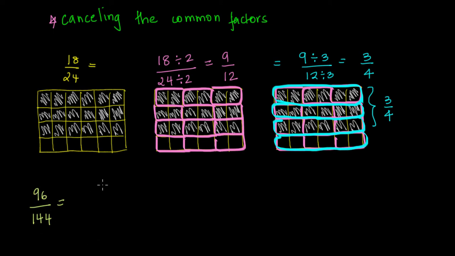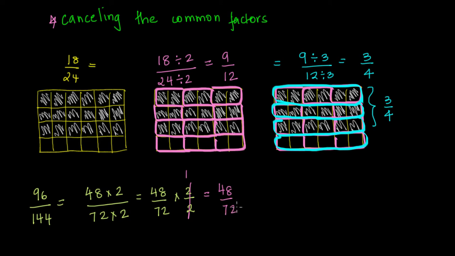So I can rewrite 96 as 48 times 2. And I can rewrite 144 as 72 times 2. Which is really the same as 48 over 72 times 2 over 2. And 2 over 2, that is 2 divided by 2, is 1. So I can cancel that out. And so this is 48 over 72.